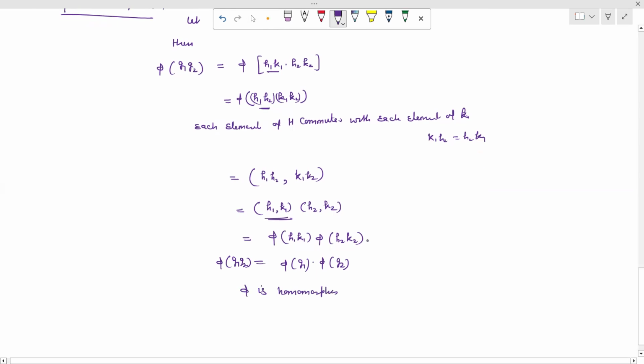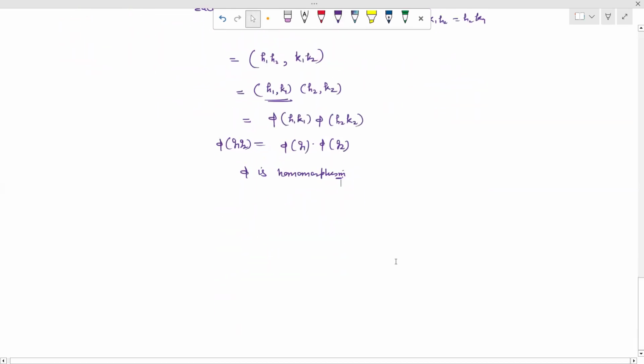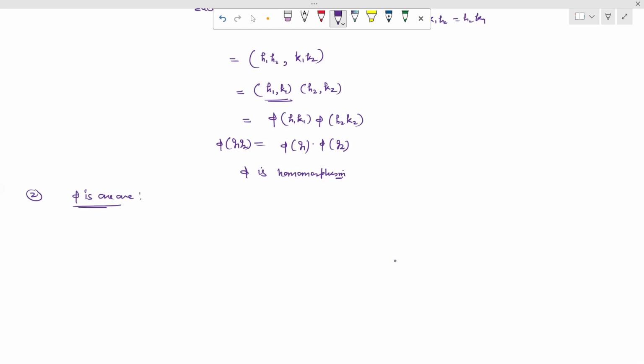Now, the second part: we shall prove that phi is 1-1. So for proving that function phi of G1 is equal to function phi of G2, we take two elements of G, then we shall prove that G1 equals G2.